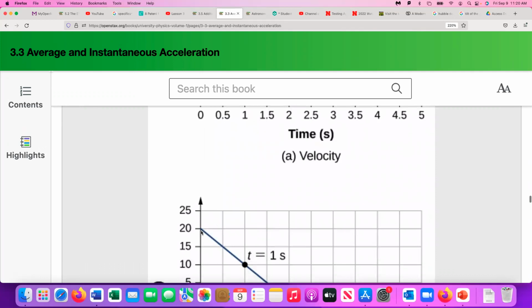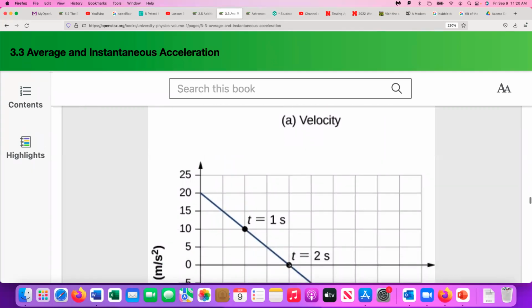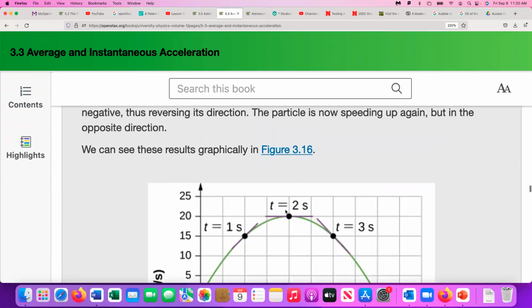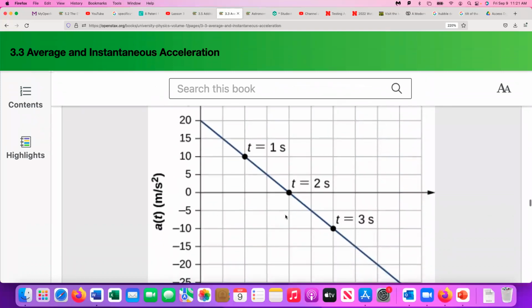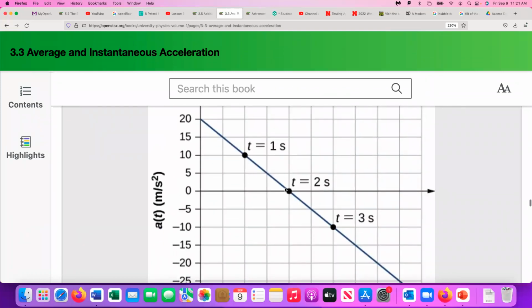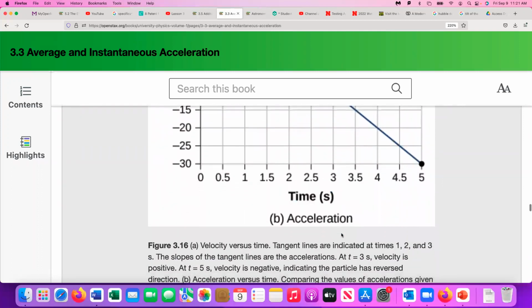And eventually that positive slope flattens out and becomes less and less positive, and eventually becomes 0 at about 2 seconds, which is right where the peak of that parabola is. It turns to 0, and then it increases in a negative way after it goes through 0. So the acceleration becomes more and more negative after it passes through 0.